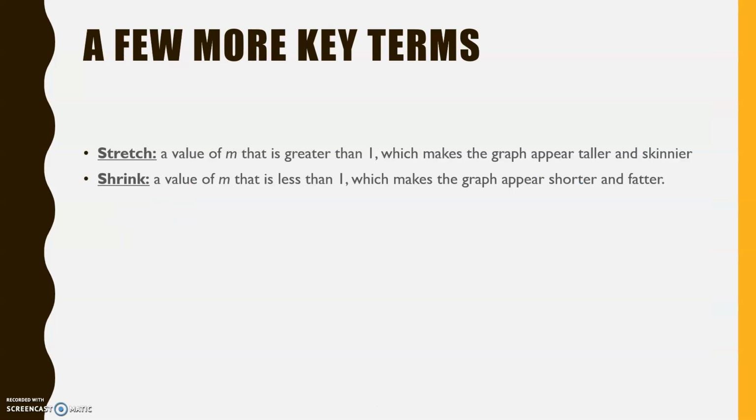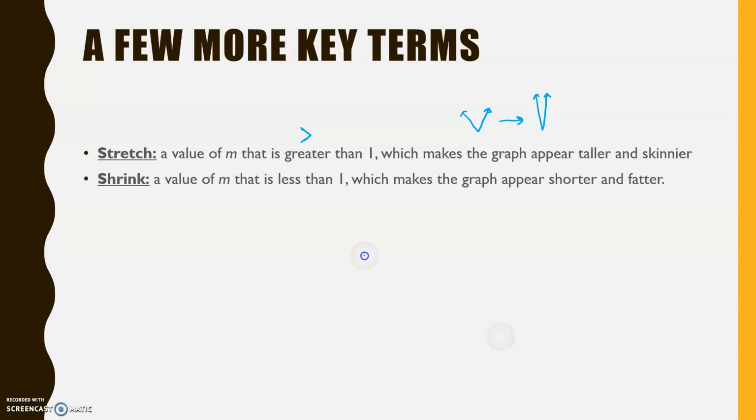So a few more key terms we need to know are stretch and shrink. Stretch means that m is greater than 1. I don't really have a good way to remember that. And it makes the graph look taller and skinnier. So instead of looking like this, it's going to look like this. That would be a stretch. It's stretching it taller.